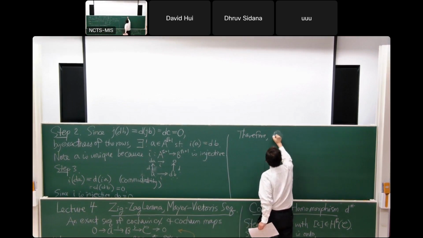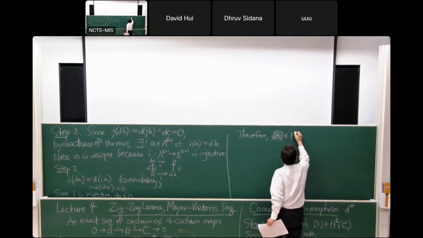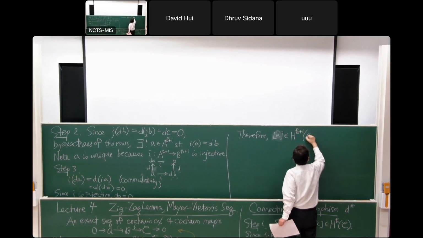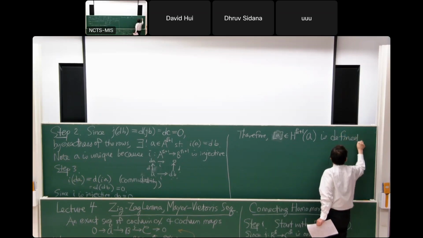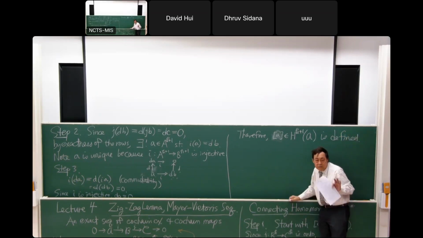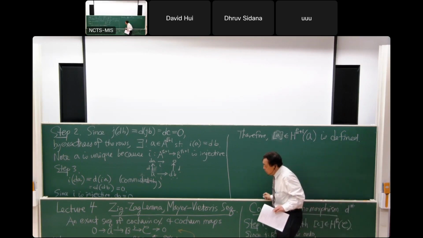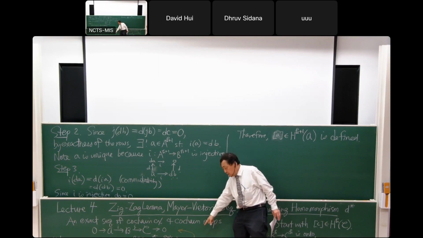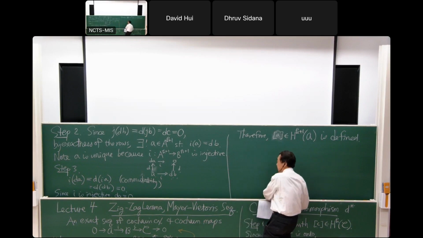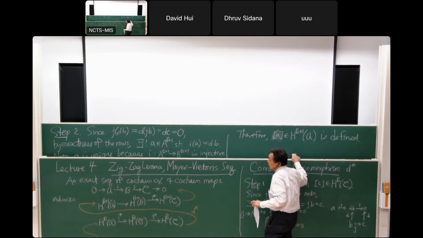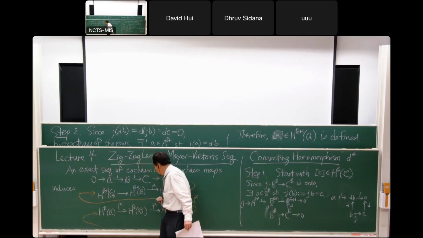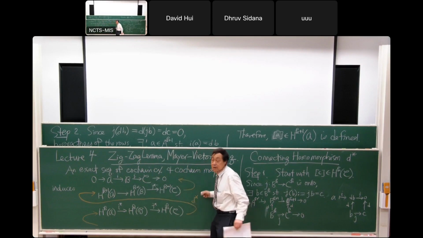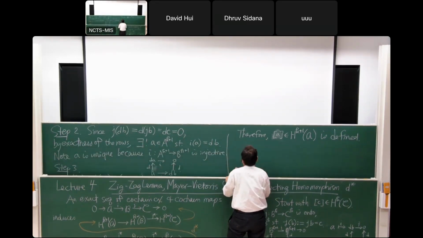Therefore, the cohomology class of A is defined. Okay? So starting with a cohomology class C in H^k of C, now I have found a cohomology class here. Okay? And that will be the definition of d star of the cohomology class of C.